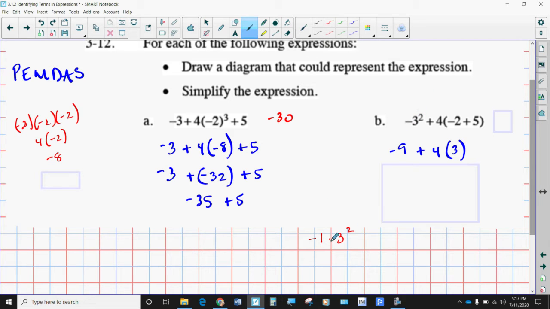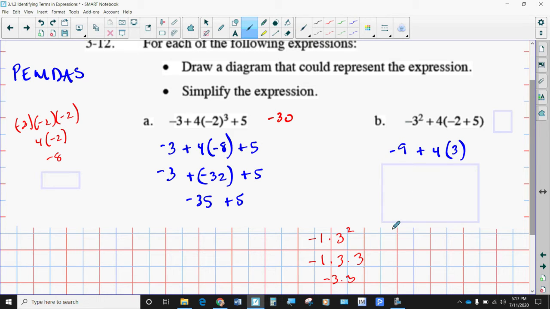But when you're multiplying, exponents have the priority over the multiplication. So we like to say the exponent applies to what it touches, and it is only touching the 3 here. It's not touching the negative part. Where here, it was touching the parentheses, which meant we had to include the entire -2 in our exponent operation. Here, this literally means -1 times 3 times 3. -1 times 3 is -3, and -3 times 3 is -9.